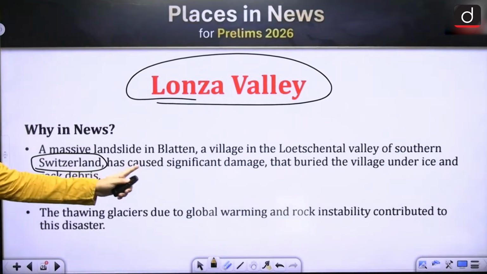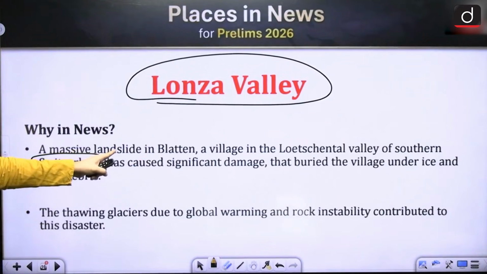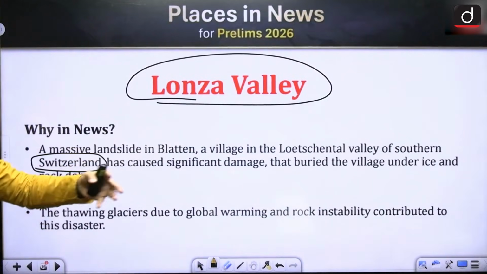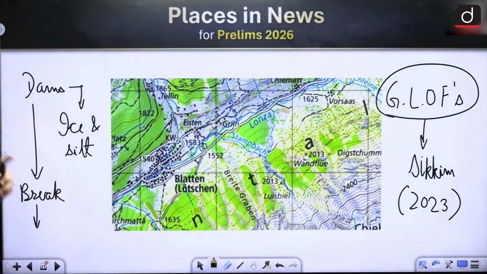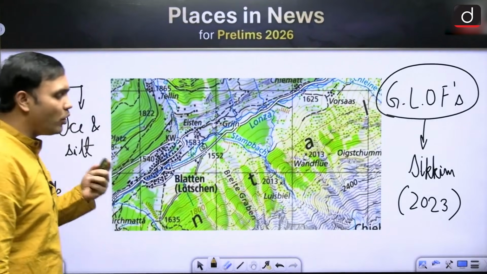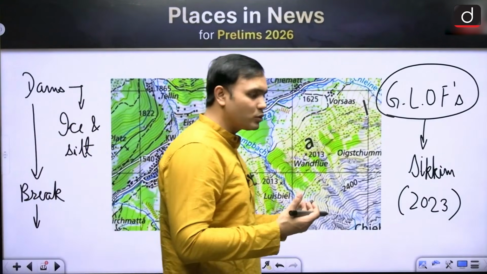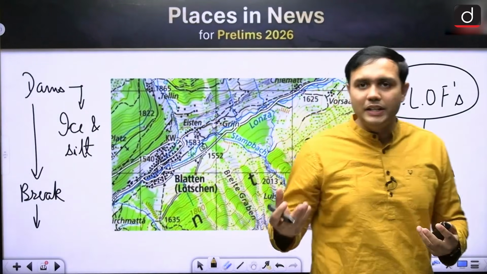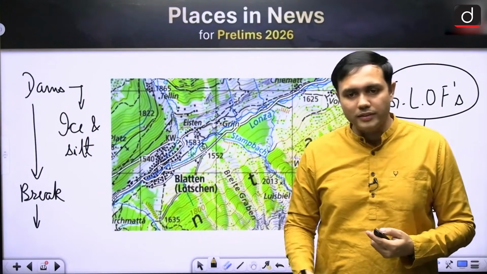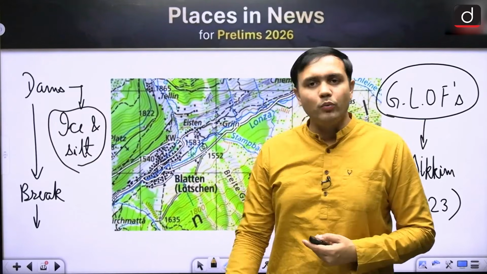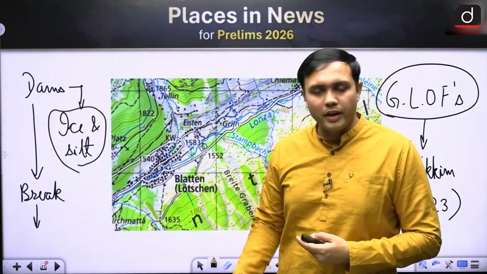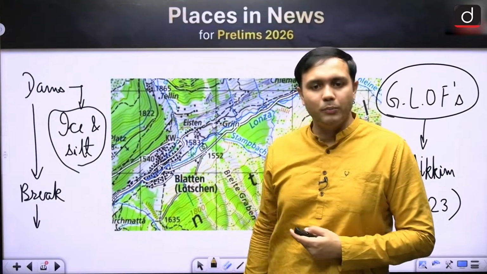The news was, of course, because of the landslide in Blatten, this phenomenon was witnessed. You will have to remember what kind of silt this is, what these glacial deposits are known as. What is this deposit called, and what things are getting deposited here?